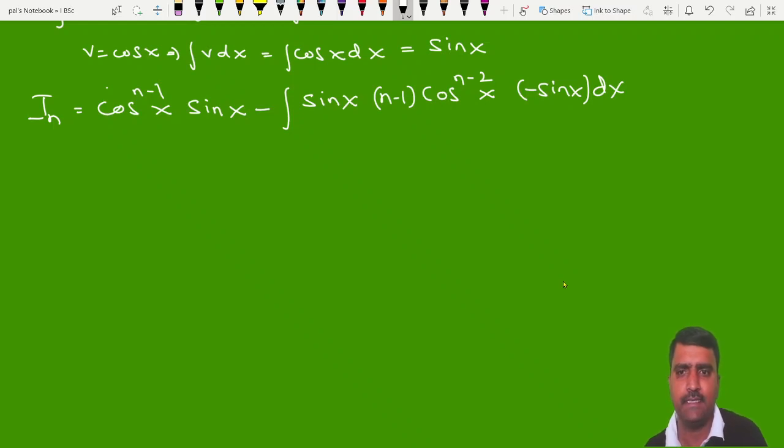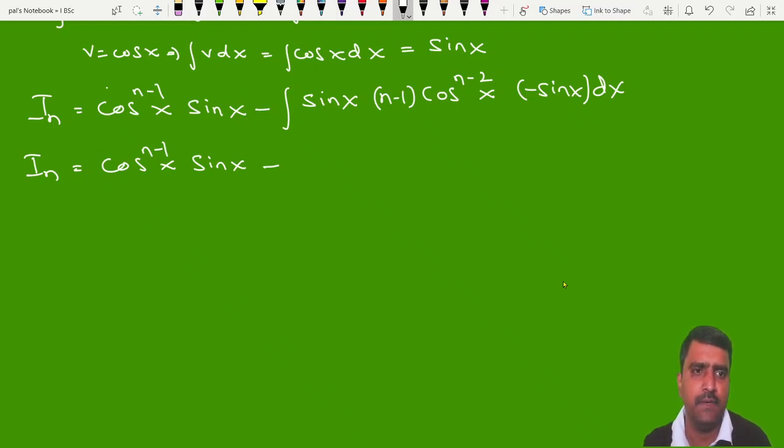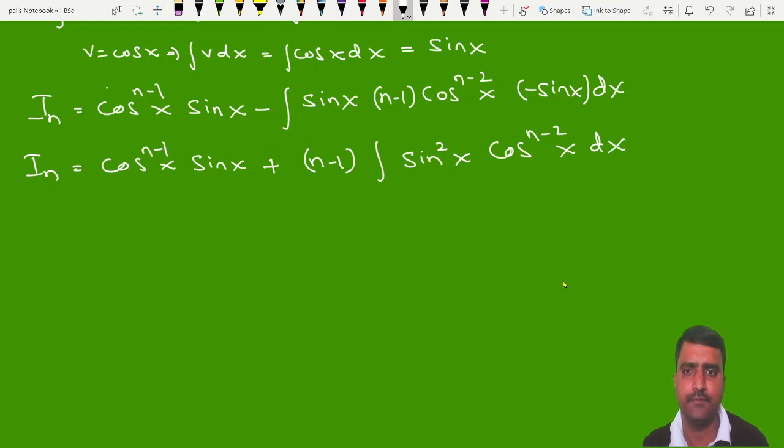Okay, so next step, simplifying this. Therefore I n is equal to cos to the n minus 1 x into sin x minus, take n minus 1 outside from the integration, minus into minus becomes plus, plus integration of sin x into sin x is sin square x into cos to the power n minus 2 x dx.